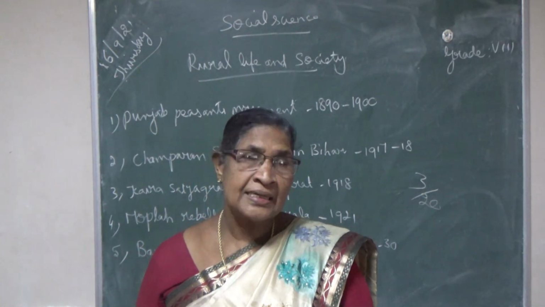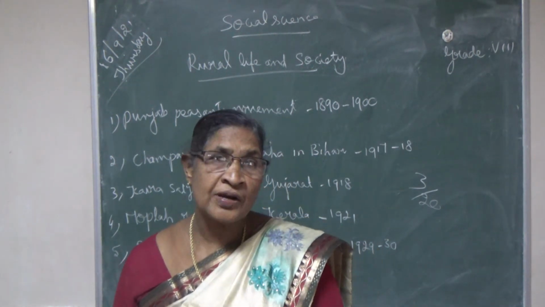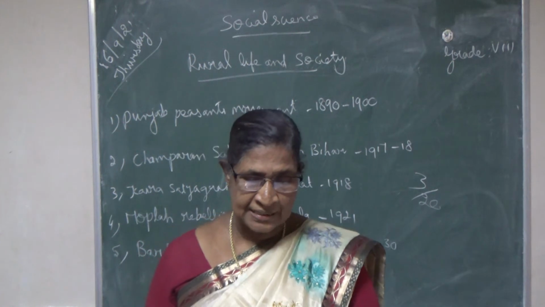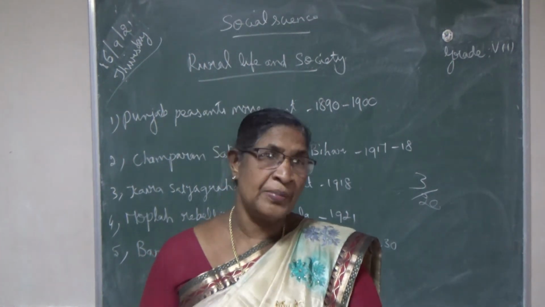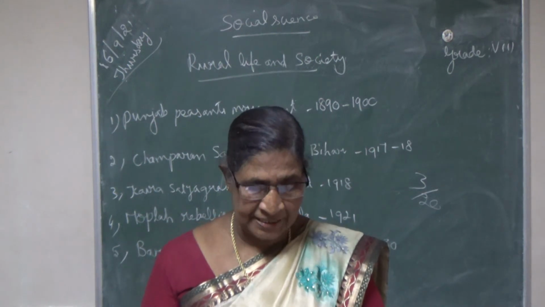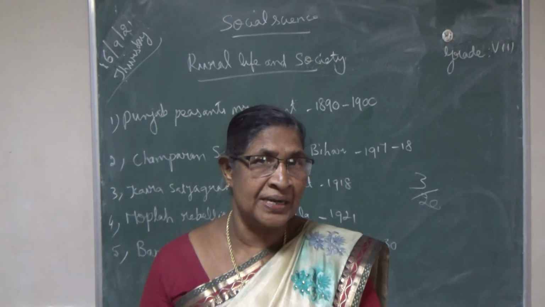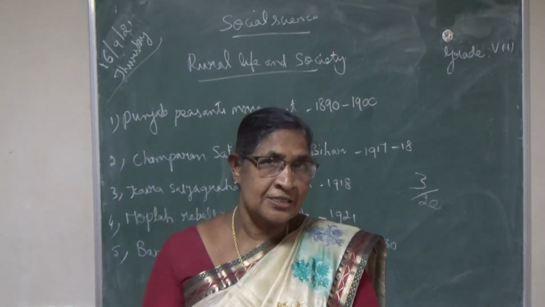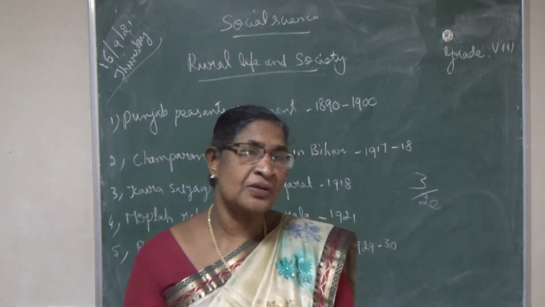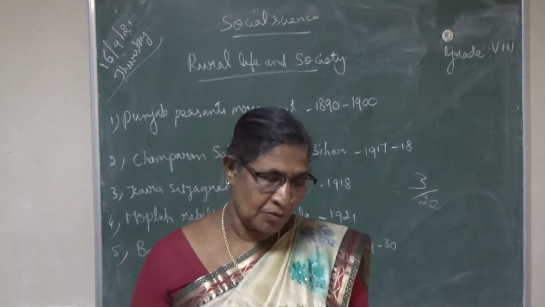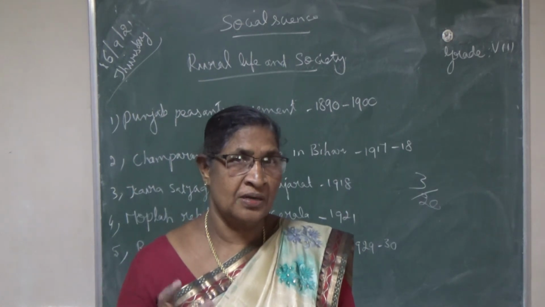In this commission the grievances of the peasants were inquired, and ultimately the Champaran Agrarian Act was passed in May 1918. Grievances means complaints. The complaints of the cultivators or the peasants were inquired; inquiry means raising some questions in order to find out the truth.